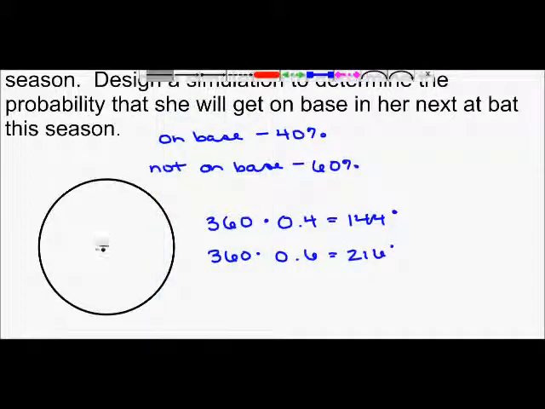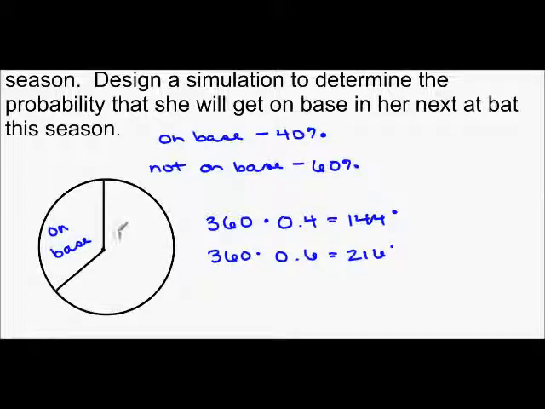Okay. So I'm going to kind of eyeball this here. In class, we'll actually use the protractors. 144 degrees is about here. So there. So this would be on base. And this would not be on base.